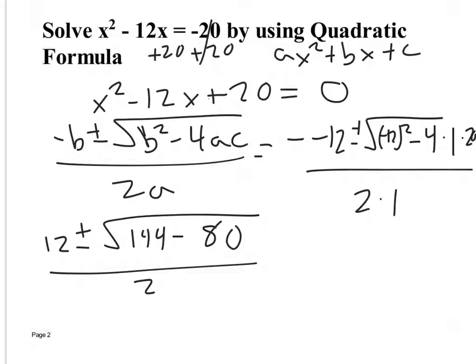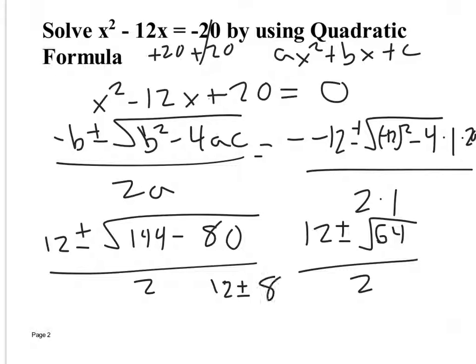Well, 144 minus 80 is 64. What is the square root of 64? 8. So, 12 plus or minus 8 over 2.